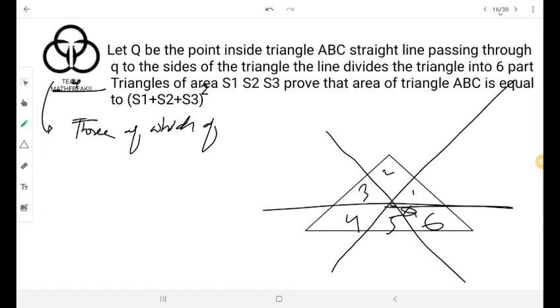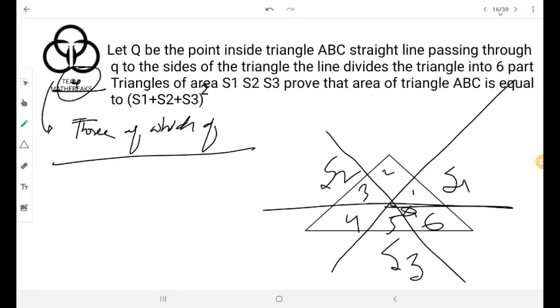Here I missed a part, that's why I have given a star. 3 of which are triangles of areas S1, S2, S3.